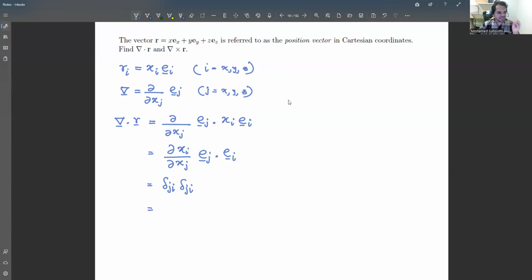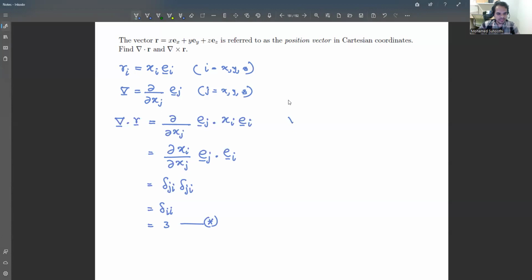Delta ij into delta ij will be delta ii. That means I am using the Kronecker delta property, removing the j and replacing it with i. Delta ii we already discussed in our previous math preliminary session. It is 3. So therefore we have found the divergent.